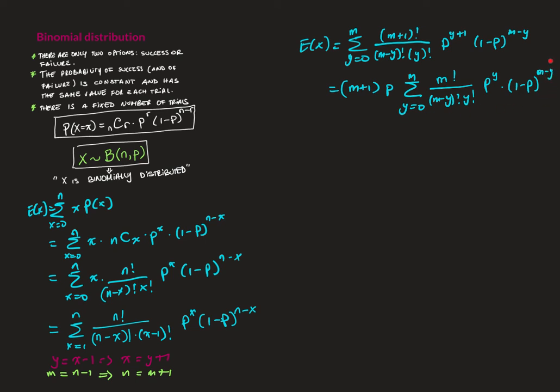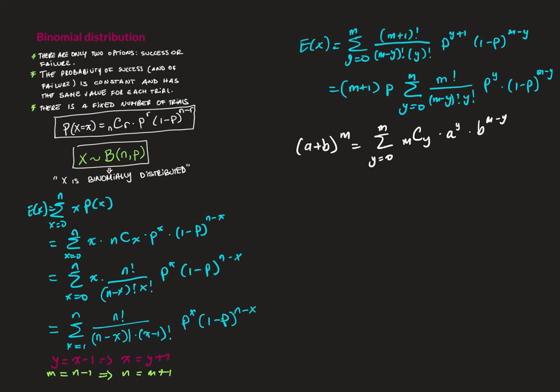If we look at this sum, this looks like the expansion of a binomial. So we can compare this sum to the sum a plus b to the power of m. This is going to be the sum from y equals 0 to m of the combinations C(m, y) times a to the power y times b to the power of m minus y. So in this case, the role of a and the role of b is being taken by the values p and 1 minus p.